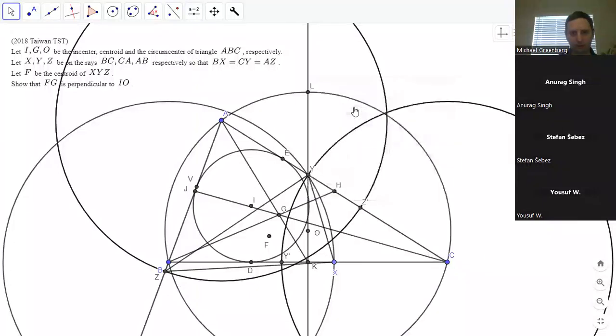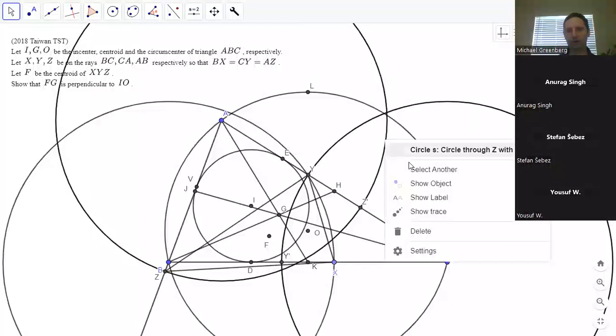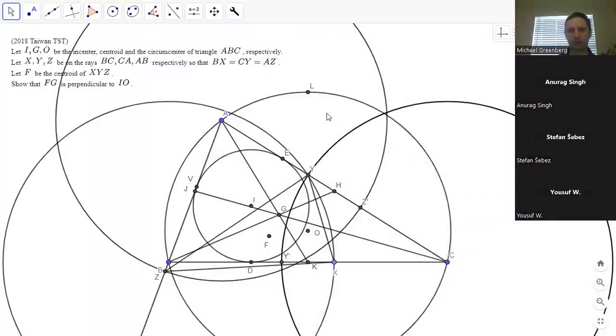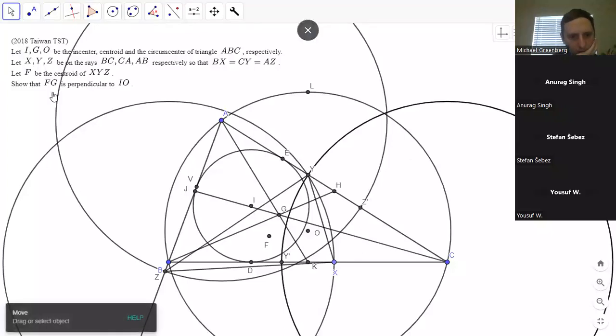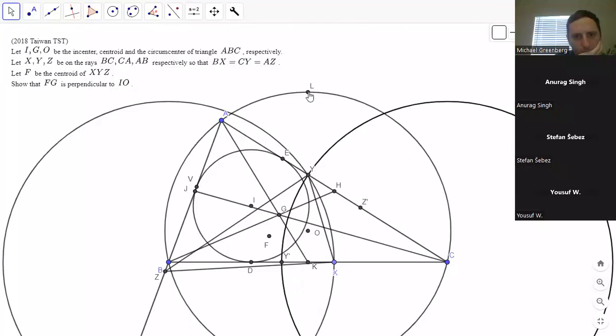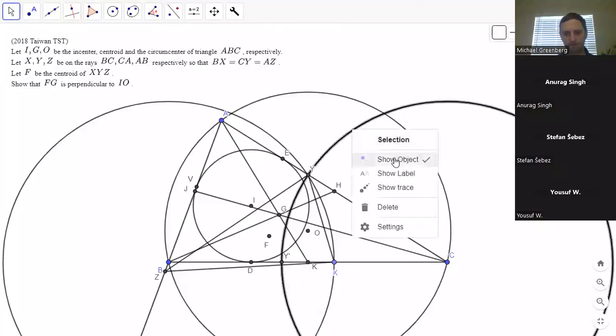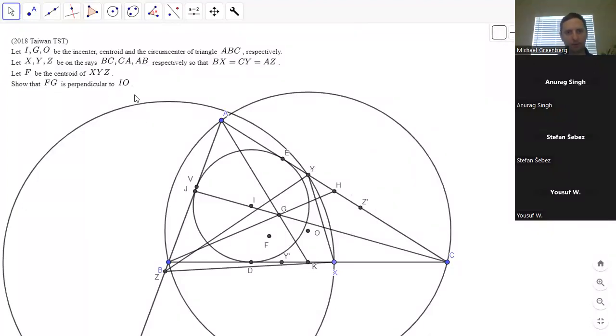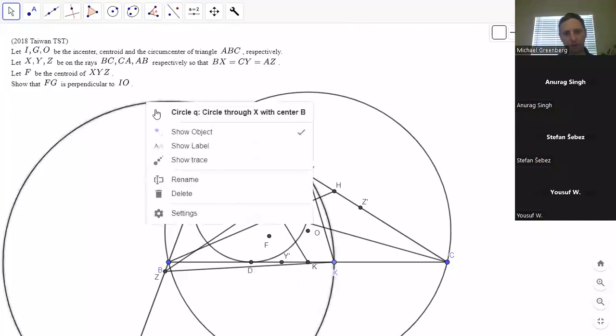So let me hide some things. I'm going to hide the circle for now. I'm going to hide this one too.